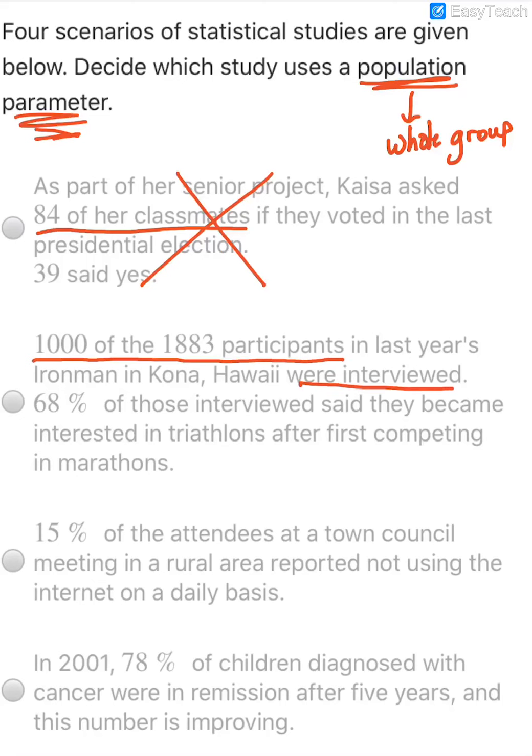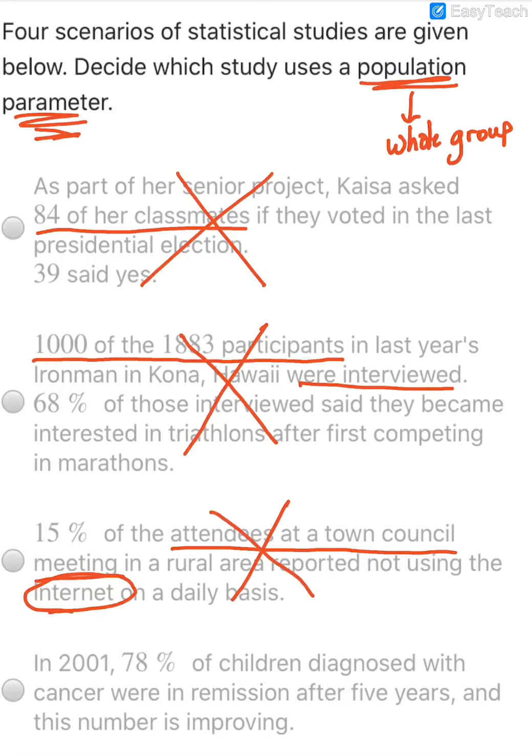So again, this is not the whole group. The third one, we have 15% of the attendees at a town council meeting. Now, what we're focused on is their internet use. Are they the only ones who use internet in the town? Probably not. So once again, we're not looking at the whole group.